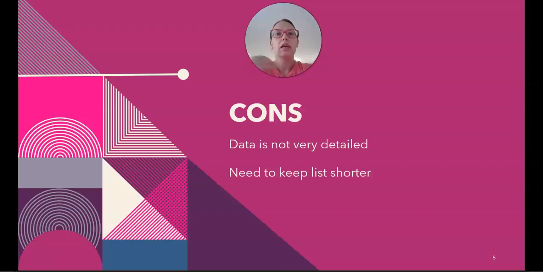You can't have pages-long lists of expectations and behaviors that you're looking for, because it can become very overwhelming to not just analyze but use when you go out into the field. Say if you are using that checklist in a classroom to observe behaviors, whether it's the students or the teacher, if it's too much, it's too much to see and too much to analyze on the back end. So you really are limited with how much information you can gain from it. It's really only part of the picture.